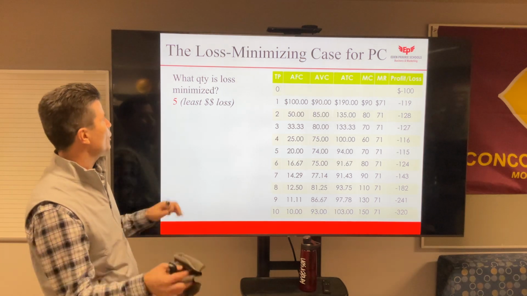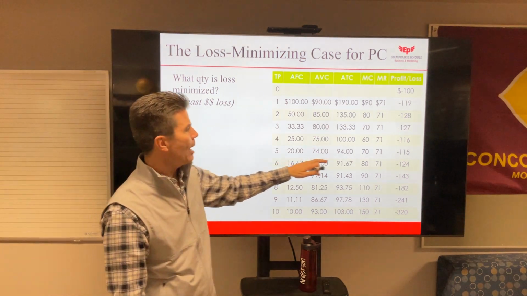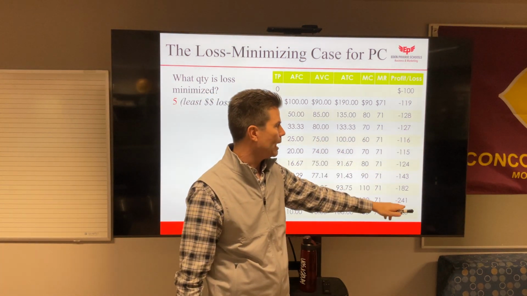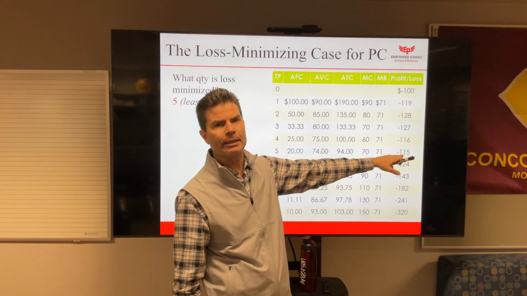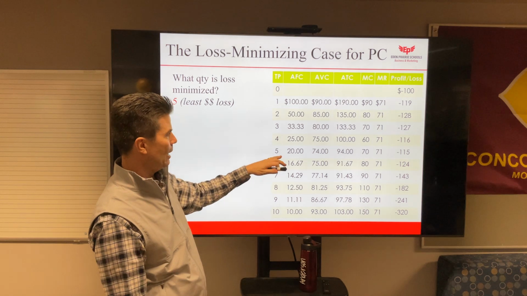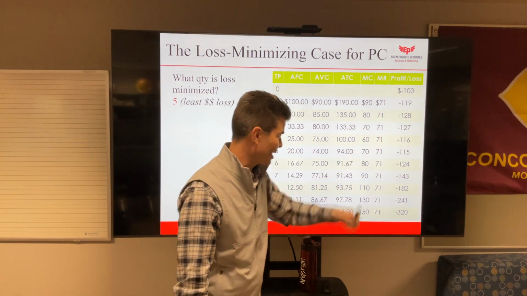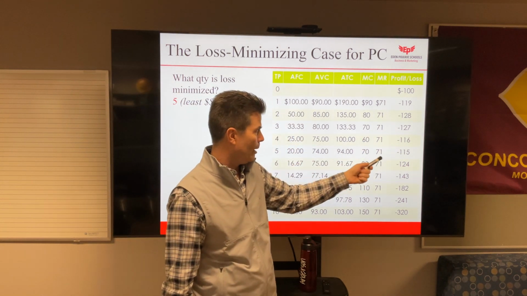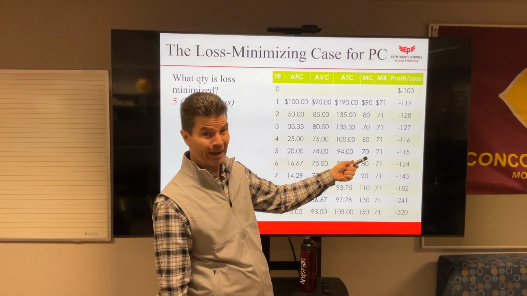If we're going to produce 5, I would be minimizing my loss at a quantity of 5. You can see $115 is less than $116. And why did it go down by 1? Because marginal revenue is more than marginal cost by $1.